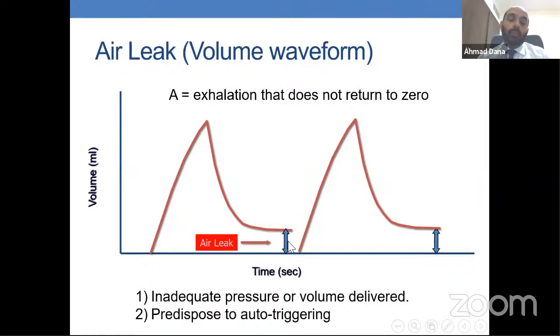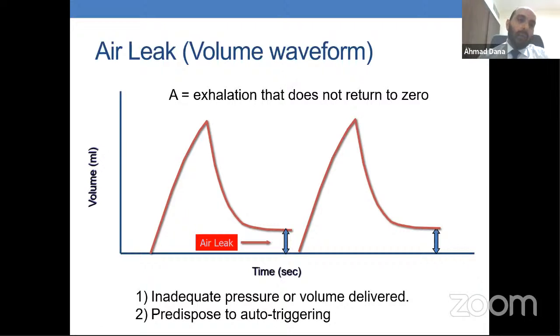And the major problem here is that the flow sensor may pick up this leak as a trigger to the ventilator, so the ventilator may start auto-triggering. So this leak is a major problem. When you see it, you sometimes need to adjust the position of the baby, like some flexion of the neck.